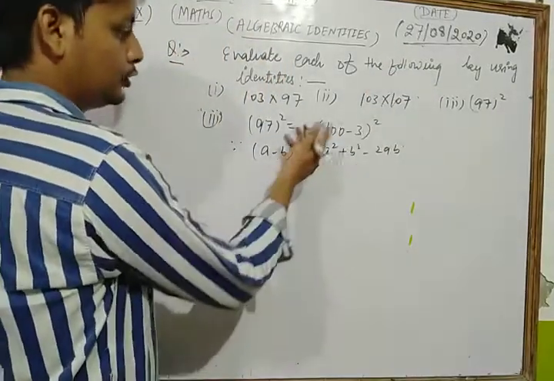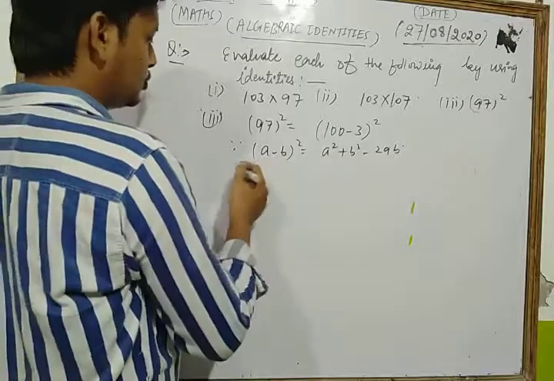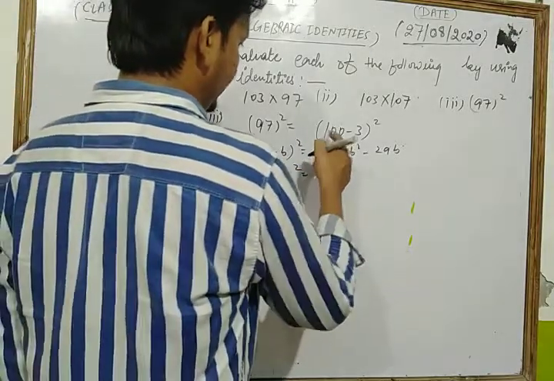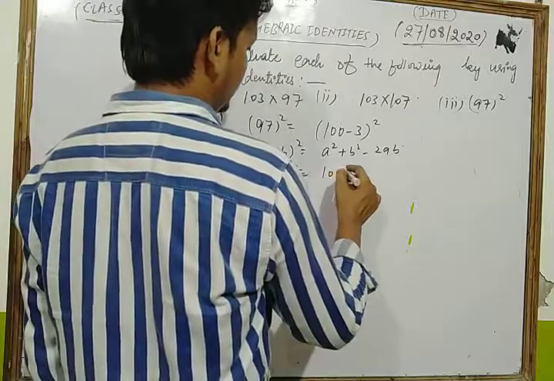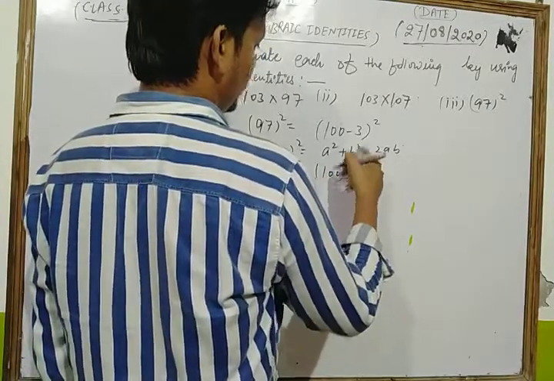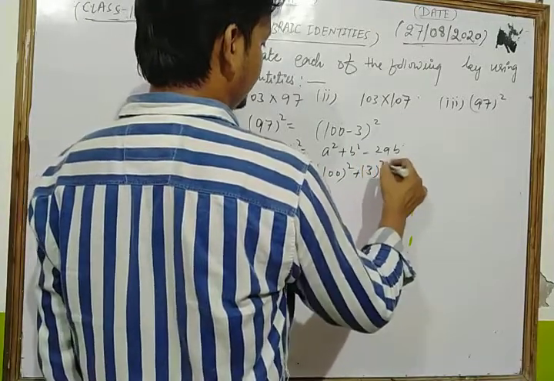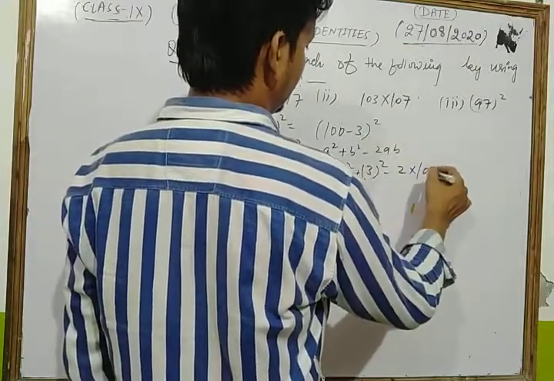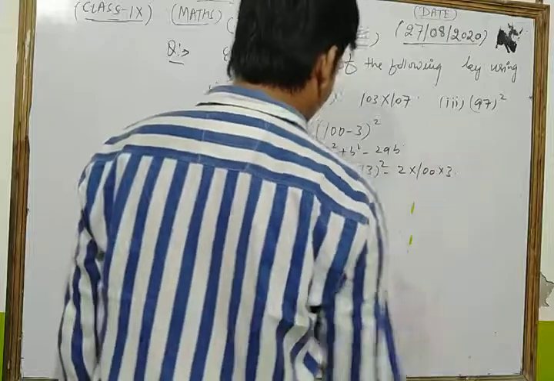So here using that identity in this question, 97 square is equal to a square, which is 100 square, plus b square, which is 3 square, minus 2ab, that is 2 into 100 into 3. Now solve it.